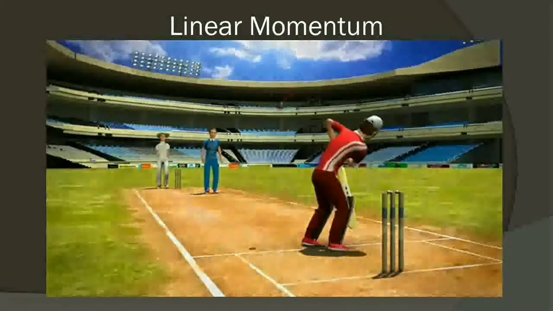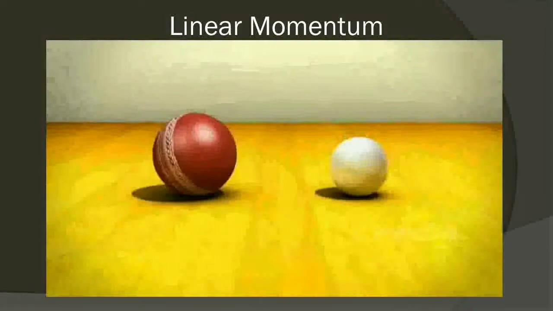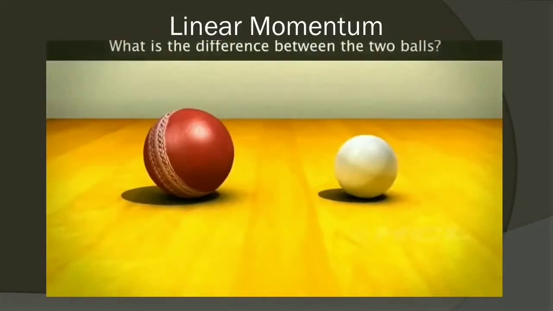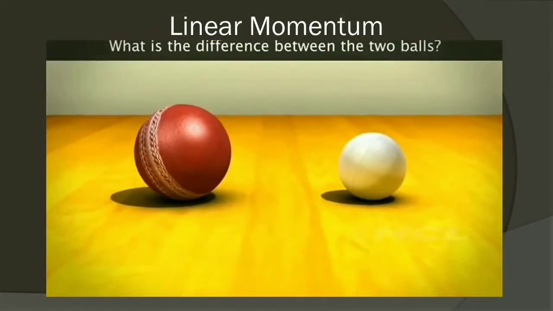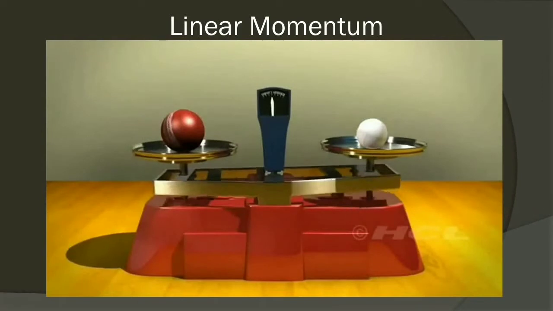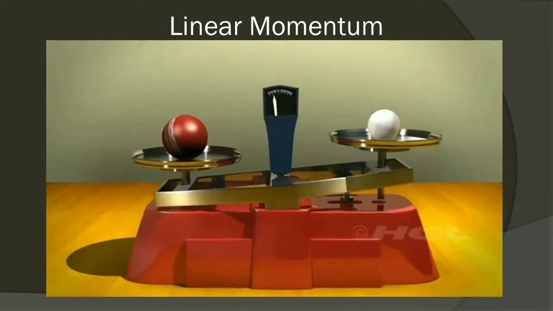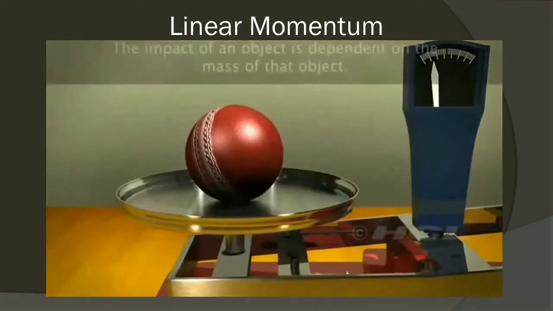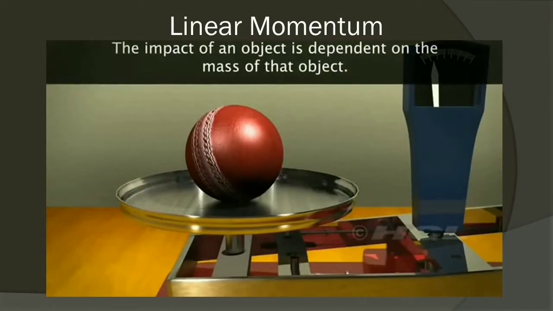What is the reason behind that? What is the difference between these two balls? The reason is that the cricket ball is heavier than the table tennis ball, so we can conclude the impact of an object is dependent on the mass of that object.